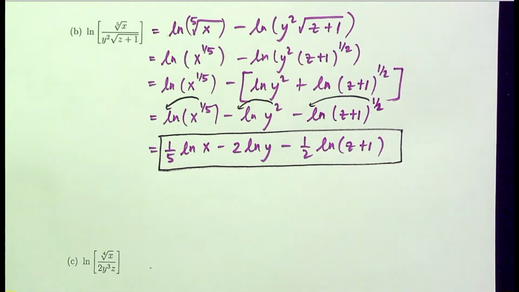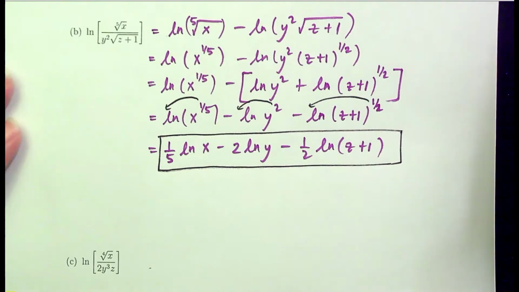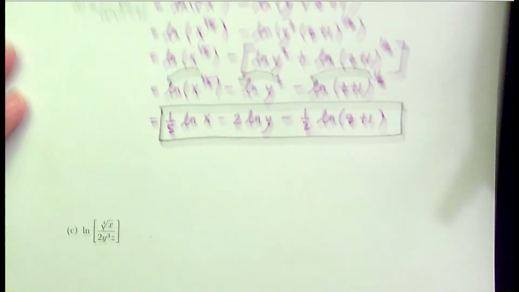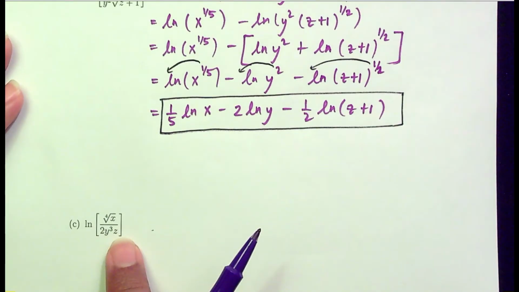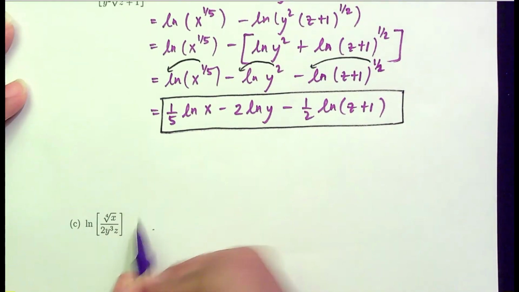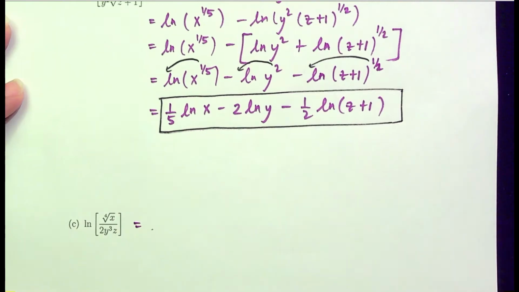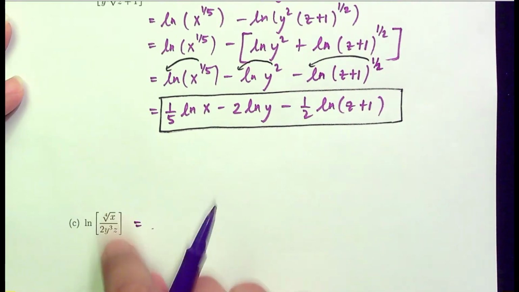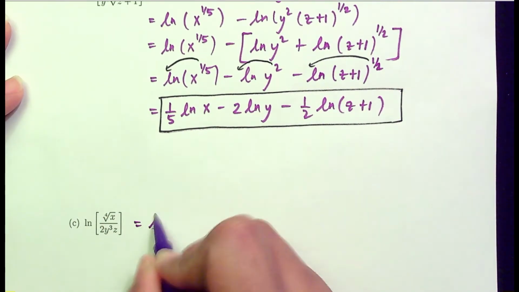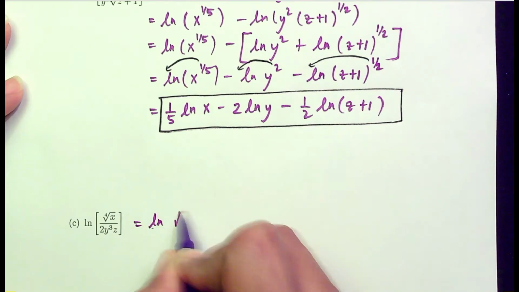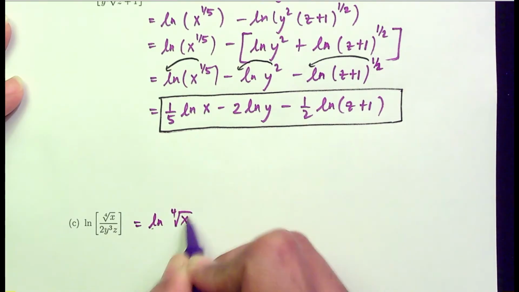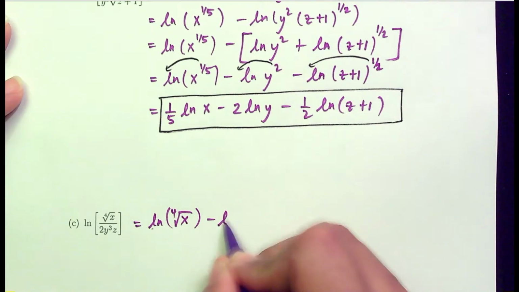All right, and now let's do the very last one. Let's expand this one now, simplify. So now again, I have a quotient. So this is going to become the ln of the top minus the ln of the bottom.